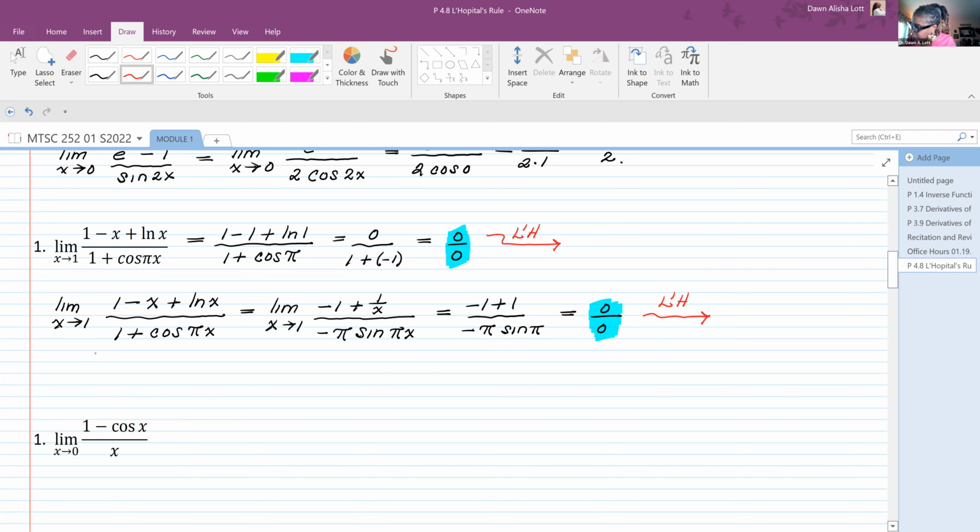Okay, so we're going to do it again. So therefore the limit as x approaches 1 of 1 minus x plus the natural log of x divided by 1 plus the cosine of pi x says go back and take the derivative of the last thing that we had. So I got to use this one.